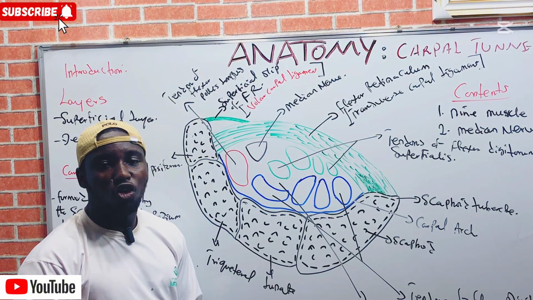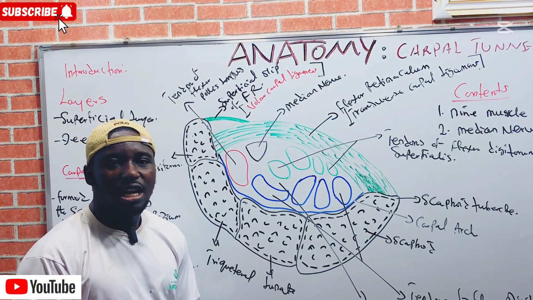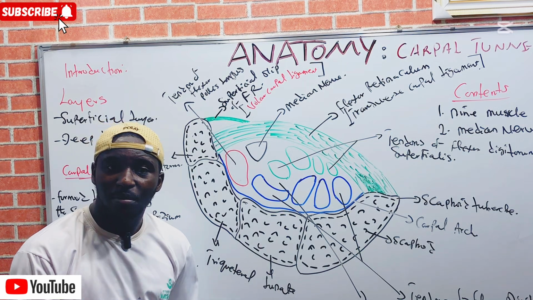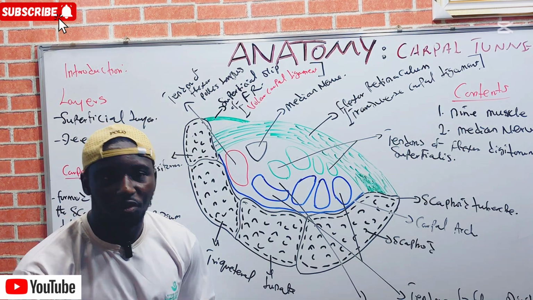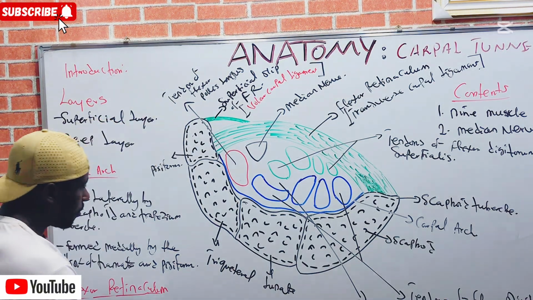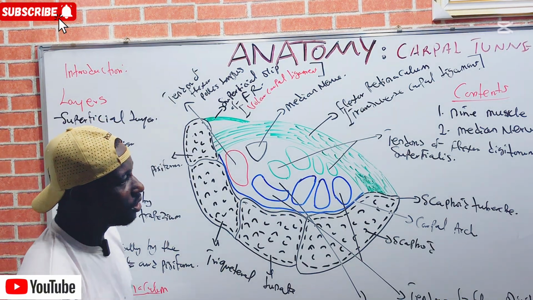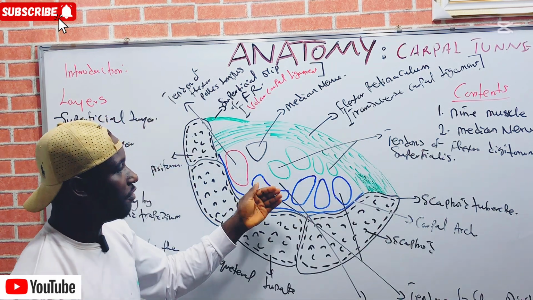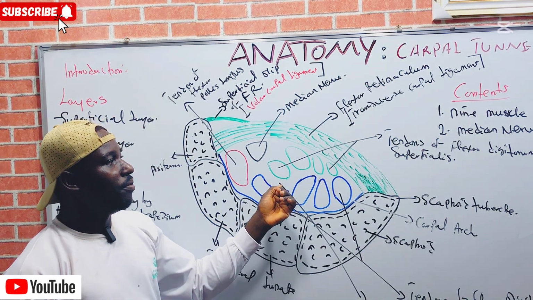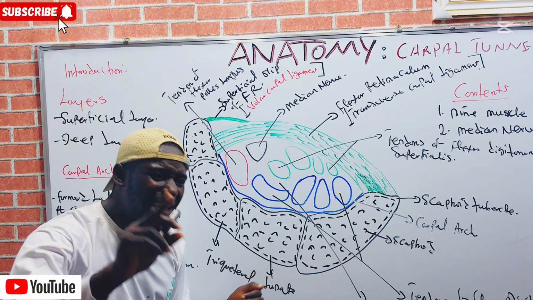There will be loss of motor innervation to the muscles of the thenar eminence, leading to thenar eminence muscle wasting or atrophy. Okay, so that is all about the activities of the median nerve at the level of the carpal tunnel.